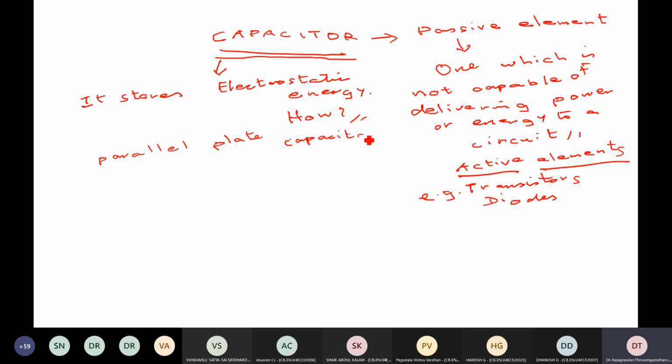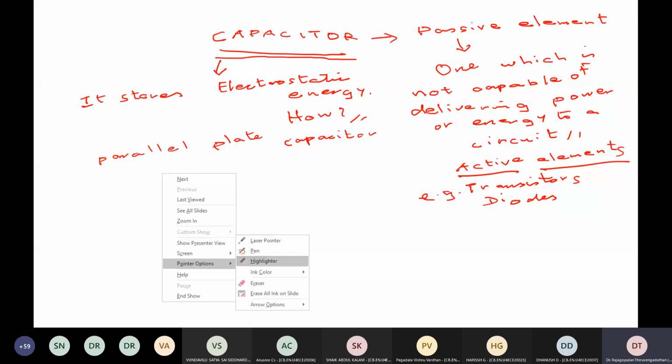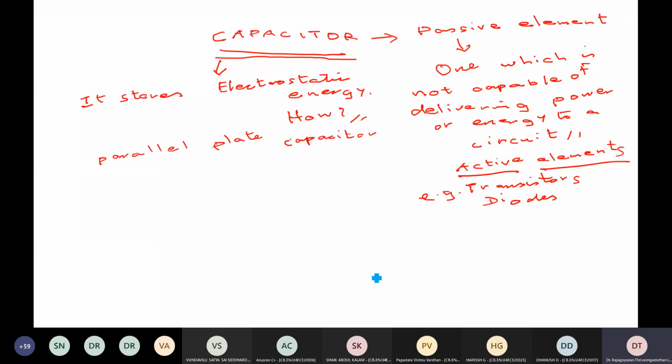Okay, so this is a well-known geometry, the parallel plate capacitor. So how does this capacitor look like?